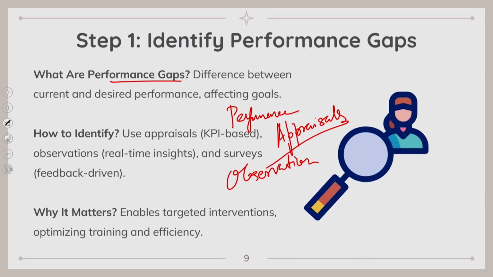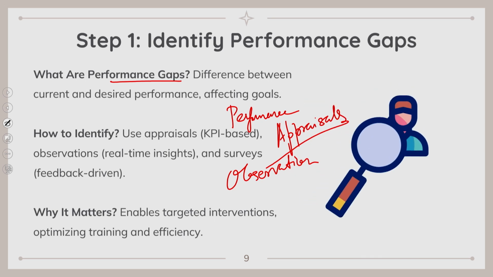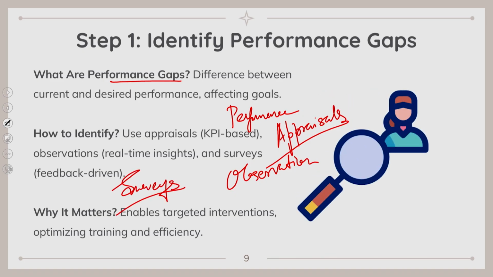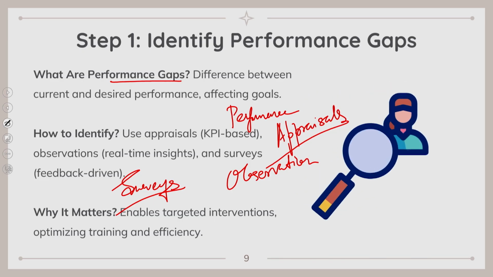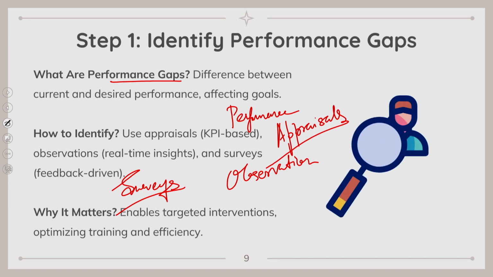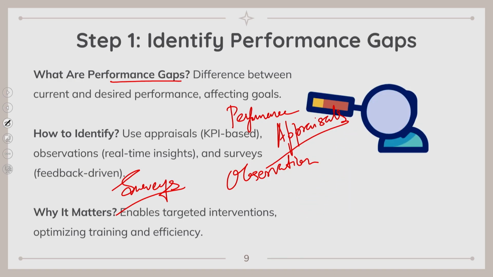Another significant way to identify and gather data is surveys and questionnaires. Surveys and questionnaires collect feedback from employees, managers, and even customers to a great extent, and they provide valuable qualitative and quantitative data about perceived challenges and areas for improvement.